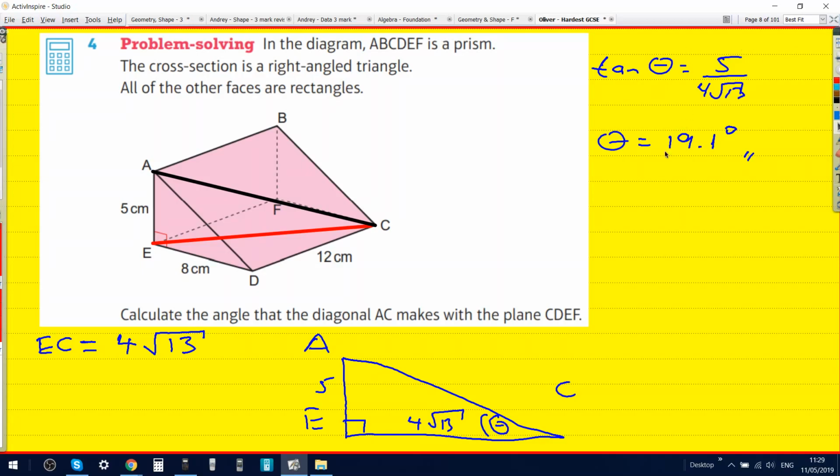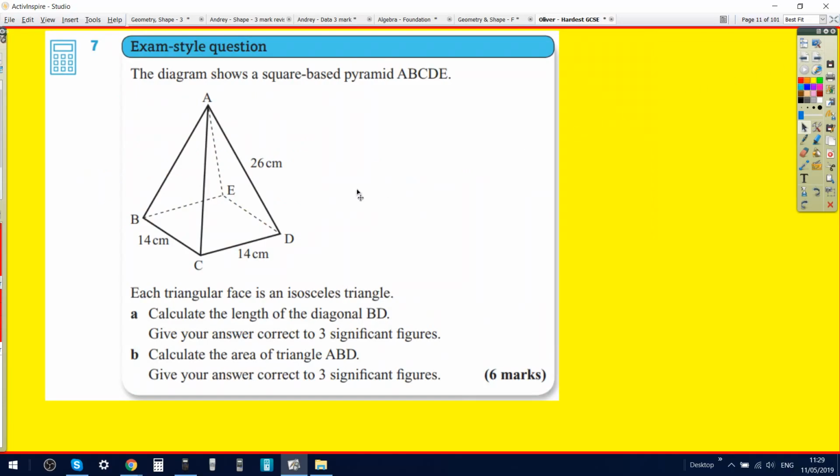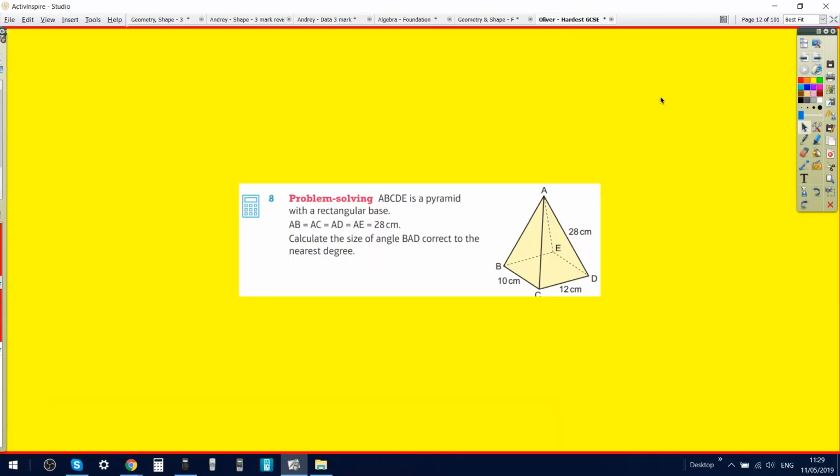Yeah, and you'd get the same thing if you did it the other way, because sine 90 is 1, so you'd get a half times 5 times root 14 times 1. And this exam style question is the same thing. Because it makes a right angled triangle, it'll work out for you. Look at the size of angle B to A to D. It's the same idea.